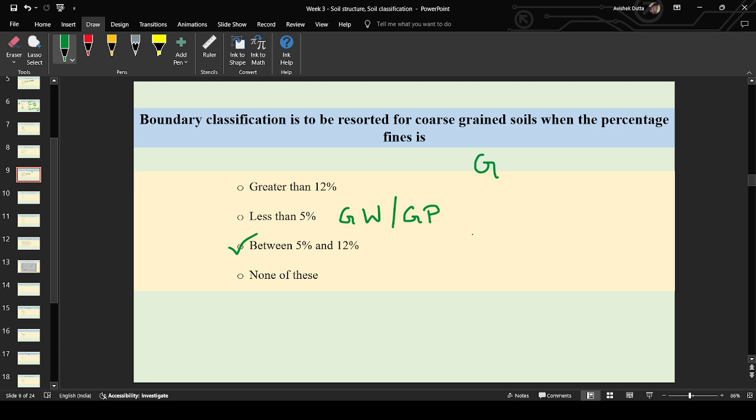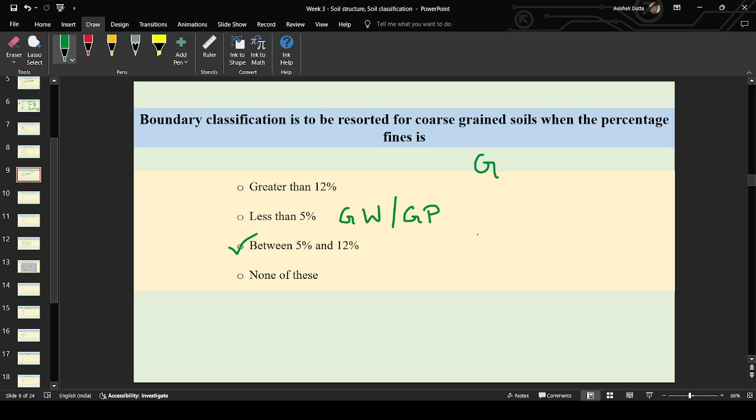Now, if the percentage of fines is greater than 12%, then we have to take the finer particles into the nomenclature, and they will dominate over whether the soil is well graded or poorly graded.